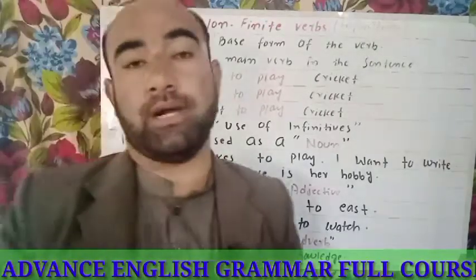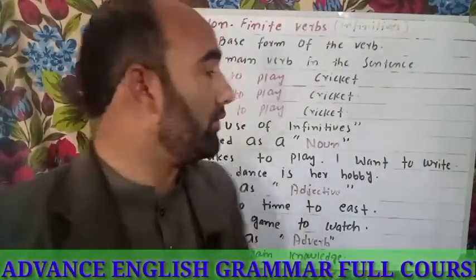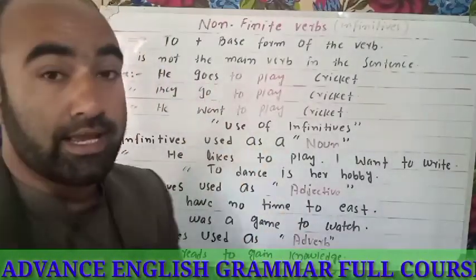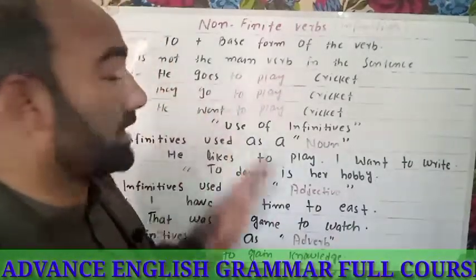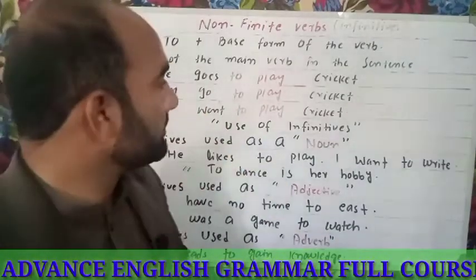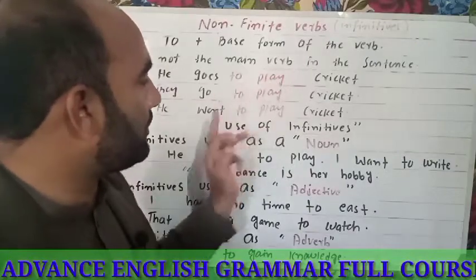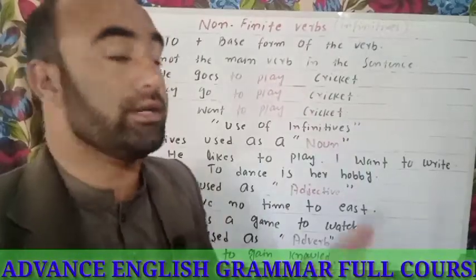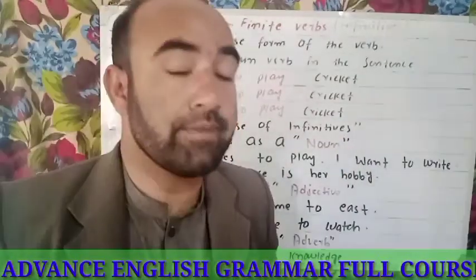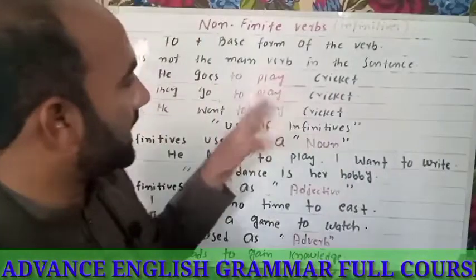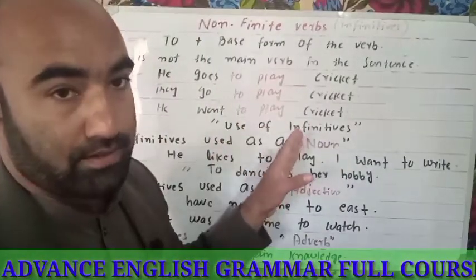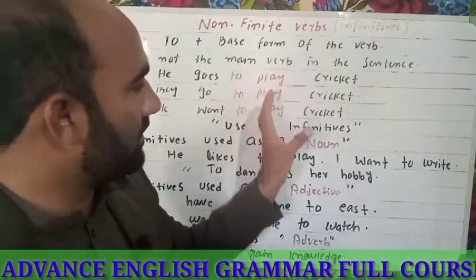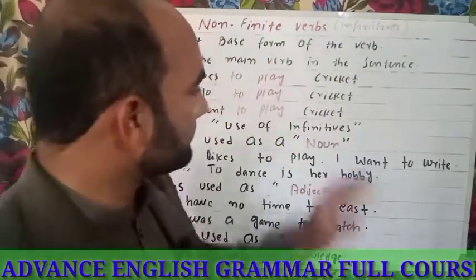And whenever we are talking about the past tense, we use the second form of the verb. So these verbs are changed according to the subject and according to the tense. But now look here: to play, to play, to play. They are not changed according to the tense, the time, or the subject. They remain the same, so we use the infinitive in this case.